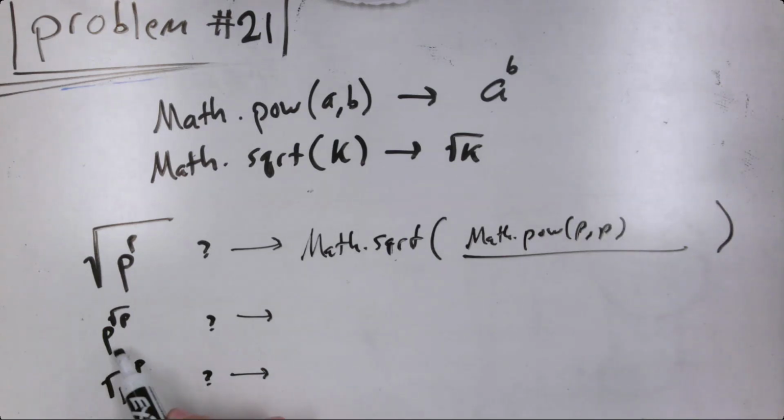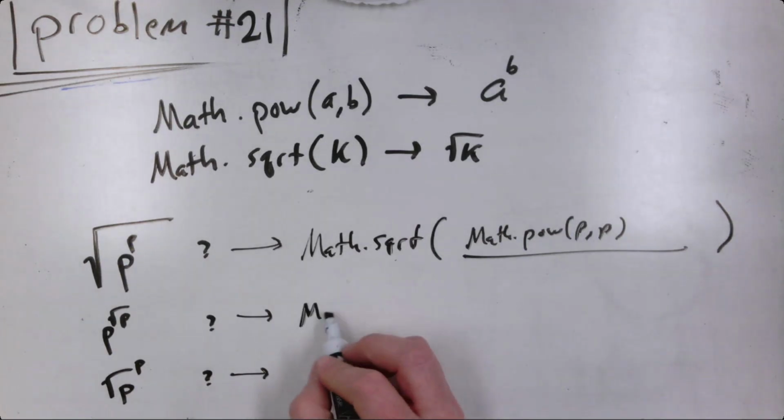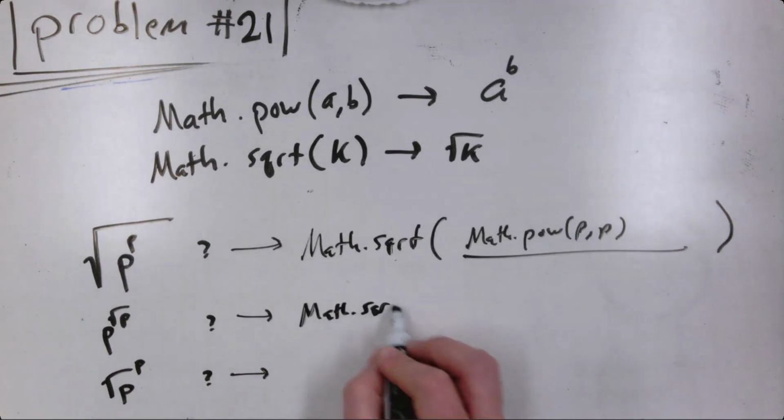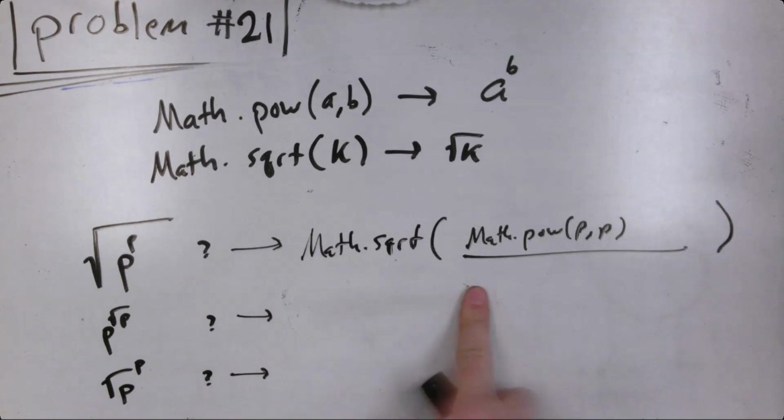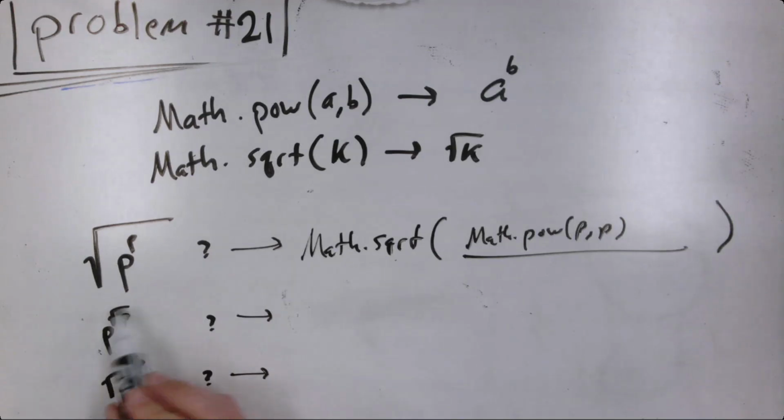Okay, what about this one? You might think about order of operations and want to find the square root of p first. But if I do Math.sqrt(p) first, how am I going to get that to be the exponent of p to the power of something? So I want to start with the outside operation. I want p to the power of something.